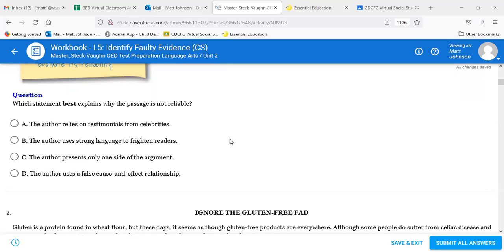B, the author used strong language to frighten readers. C, the author presents only one side of the argument. D, the author used the full cause and effect relationship.